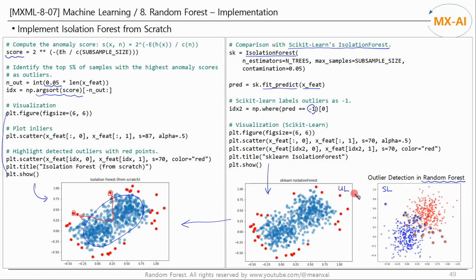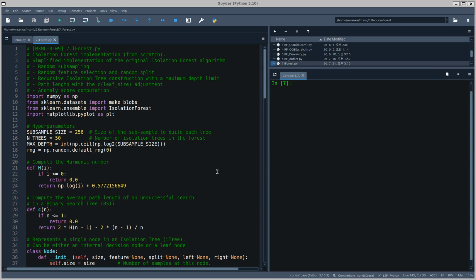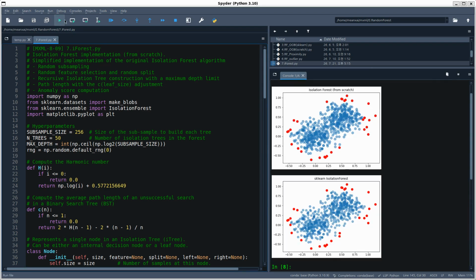Because of this fundamental difference, the two methods produce different results. If you'd like to learn more about why they behave differently, please refer to the previous lecture. Now let's run this code and see what we get. Here's the output.